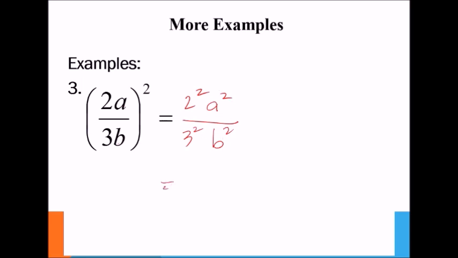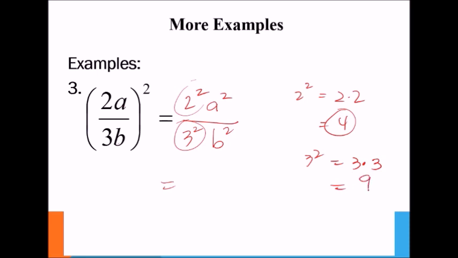Let us simplify the numericals. 2 squared is 2 times 2, which is equal to 4. And 3 squared is 3 times 3, not 3 times 2, but 3 times 3, which is 9. So, therefore, our final answer is 4a squared over 9b squared.